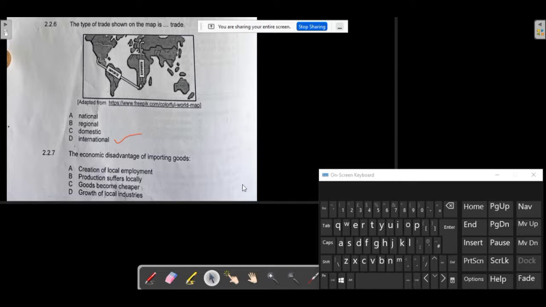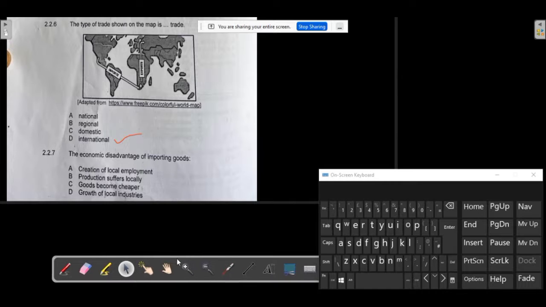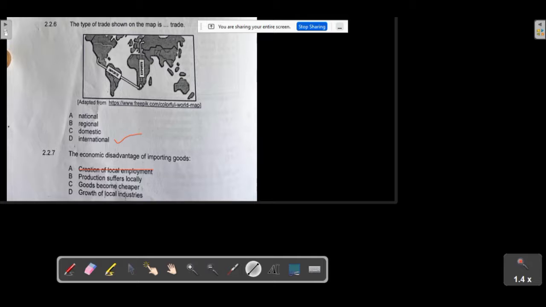So we are marking off. When you are a bit confused or not sure about the answer, just mark off the ones that you see are totally out. Production suffers locally.